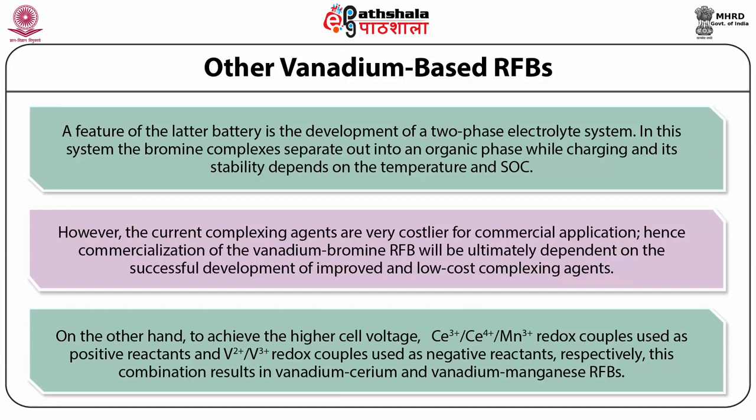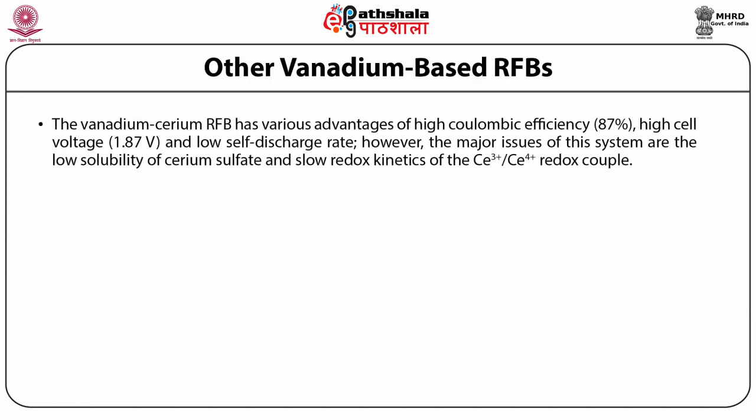This combination results in vanadium cerium and vanadium manganese RFBs. The vanadium cerium RFB has various advantages of high coulombic efficiency of around 87%, high cell voltage of around 1.87 volts, and low self-discharge rate.